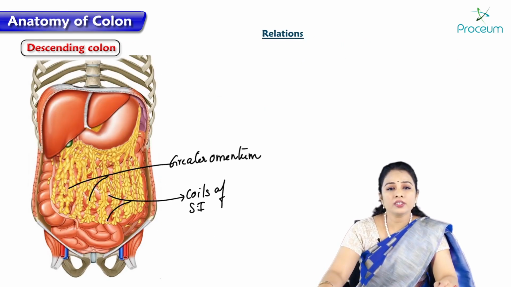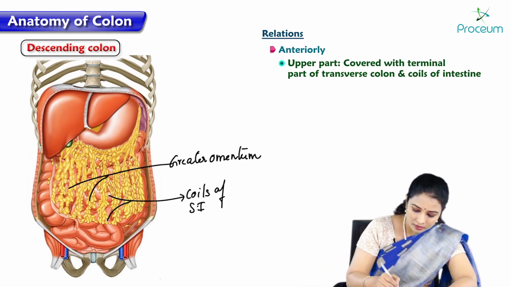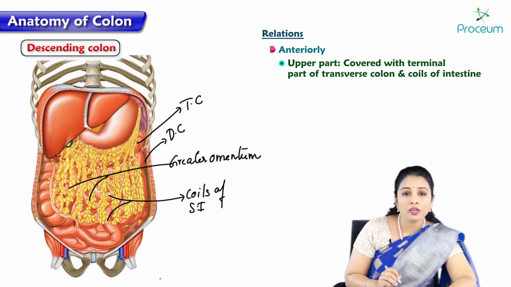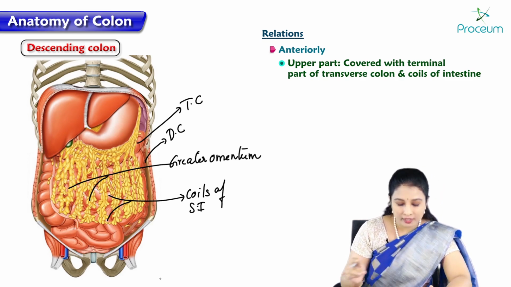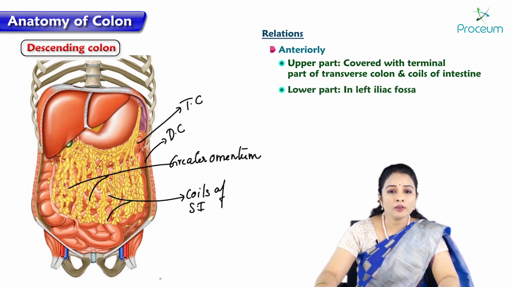Let's see its relations. Anteriorly, the upper part is covered by terminal part of transverse colon and coils of intestine. So here is the descending colon, which is partially covered by the transverse colon and also the coils of intestine we can see, and the lower part of the descending colon is in the left iliac fossa.